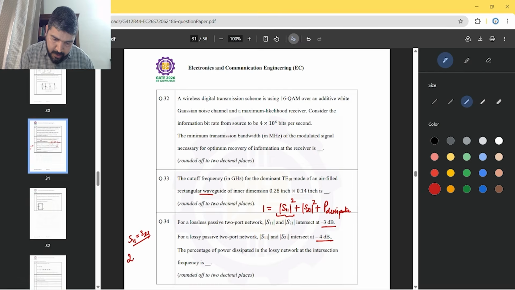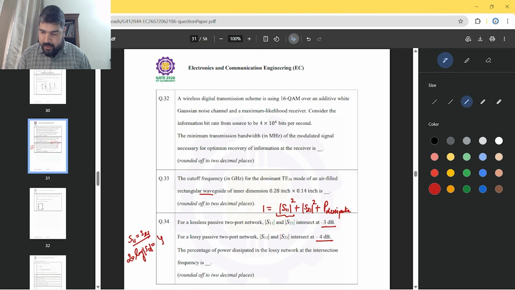So what you can do is 20 log of |S11| equal to minus 4 dB, and from here you can calculate S11 and S21.